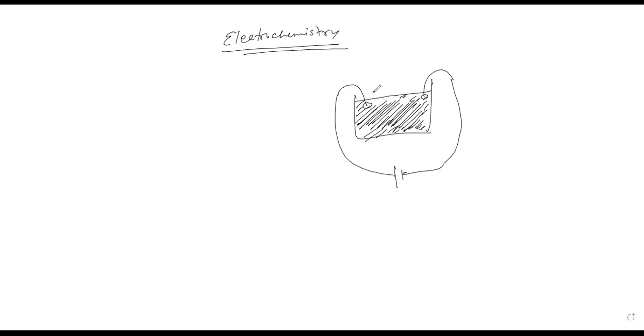This could also be solid, but we will mostly be dealing with liquid and solution. An example of a solid could be pure copper or iron, which are metals that conduct electricity. But other ionic substances don't conduct electricity in their solid state, because there are no free ions to move in an ionic compound in the solid state.